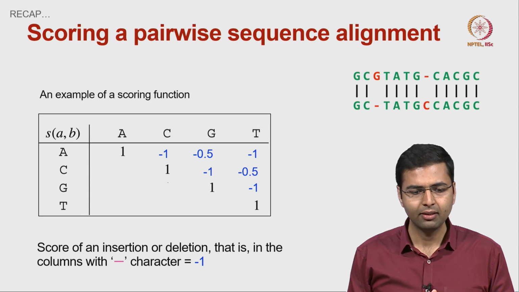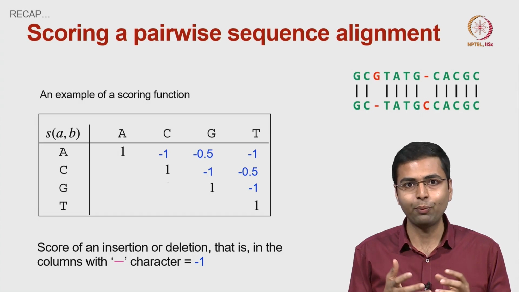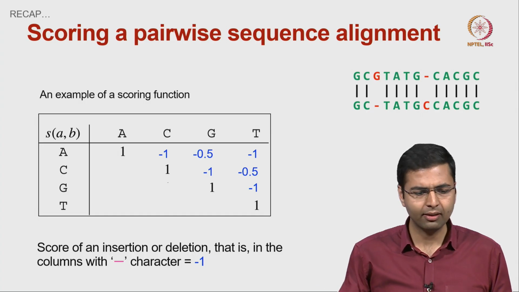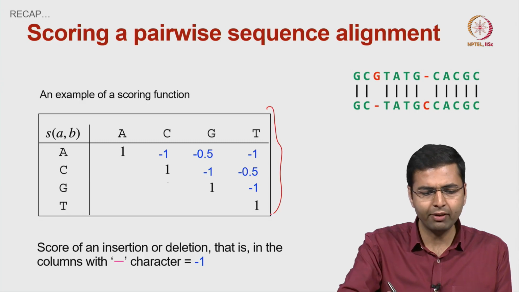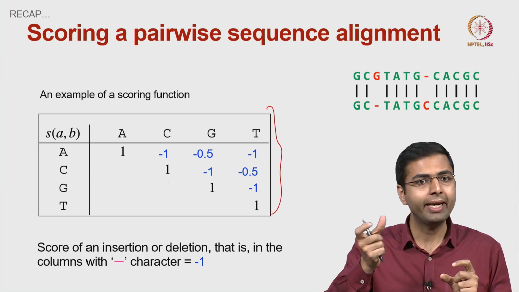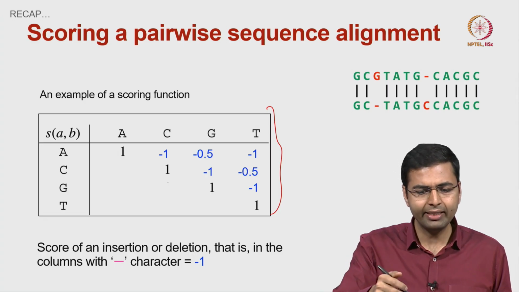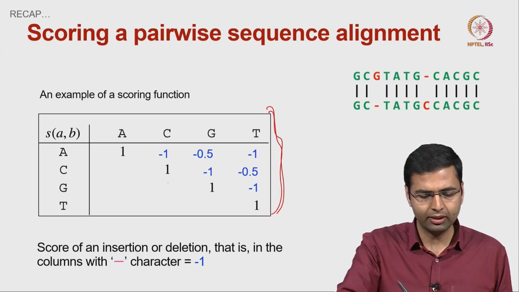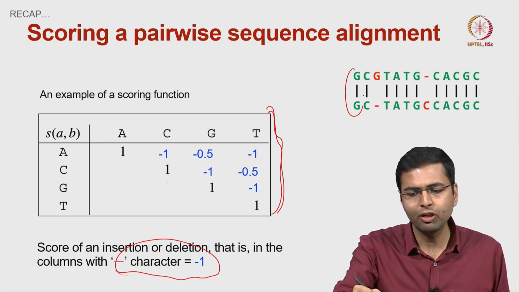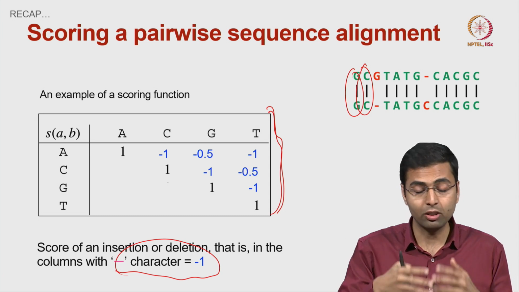As a first step, let us recall how we were scoring pairwise sequence alignment. Remember that in a pairwise sequence alignment we were using this matrix format where we considered match mismatch cost between A, C to C, C to A and so on, and once we had this match mismatch cost and insertion cost, we were just looking at individual columns and adding up the total score.